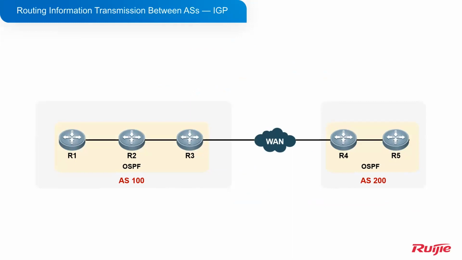Another point: now that you have divided into different AS, maybe one enterprise uses AS 100 and another AS 200. They want to communicate with each other, so how do they exchange the routing information?